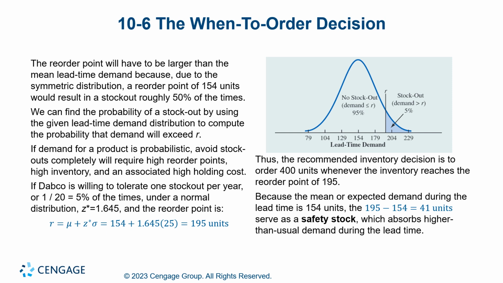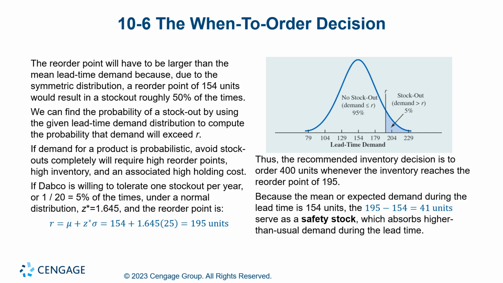So the recommended inventory decision is to order 400 units whenever the inventory reaches the reorder point of 195. Because the mean or expected demand during the lead time is 154, the difference, 195 minus 154, is equal to 41 units, and these units serve as the safety stock, which may absorb higher than usual demand during the lead time.